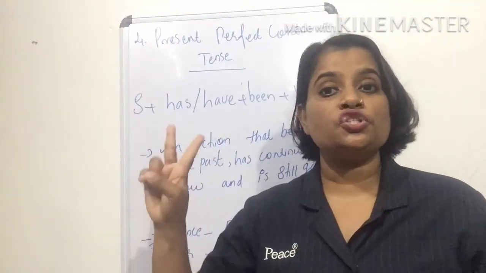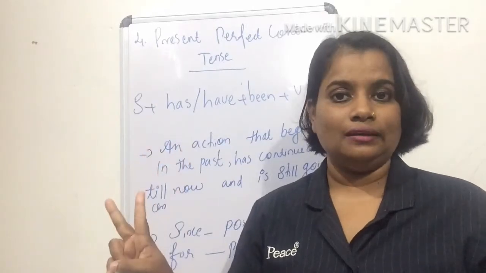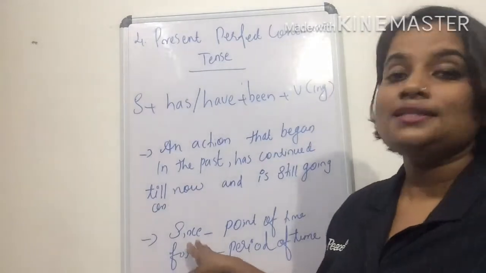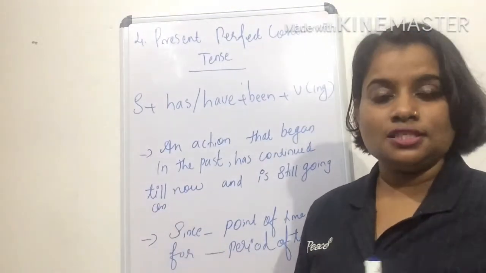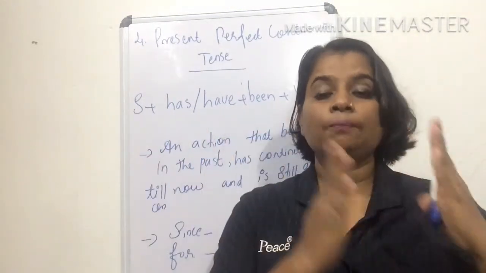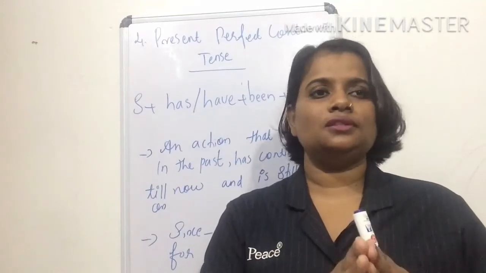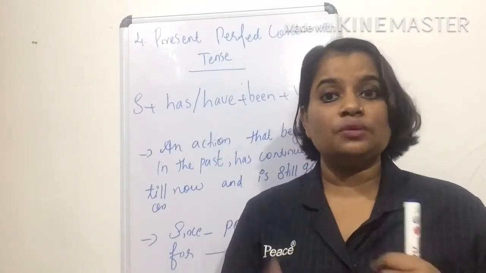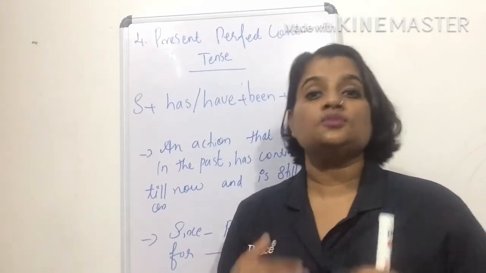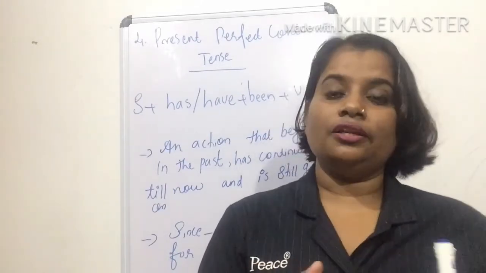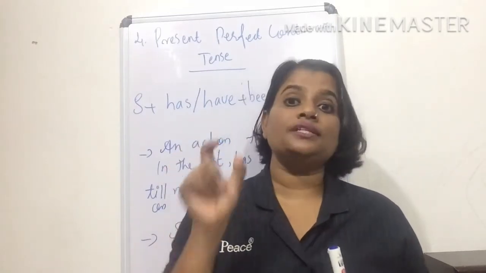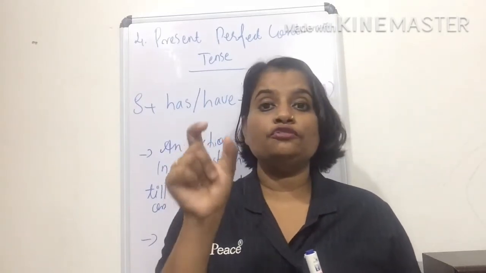So we are mainly using two prepositions. Which are the prepositions? Yes, since and for. Since denotes a point of time. For example, it has been raining since morning. Since morning indicates a point of time.